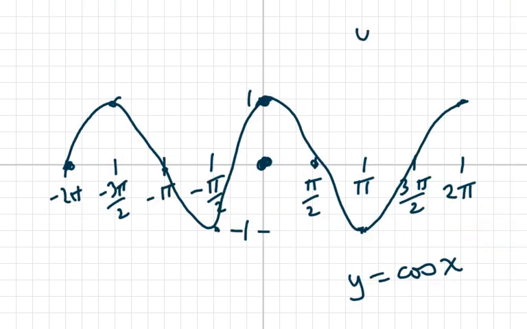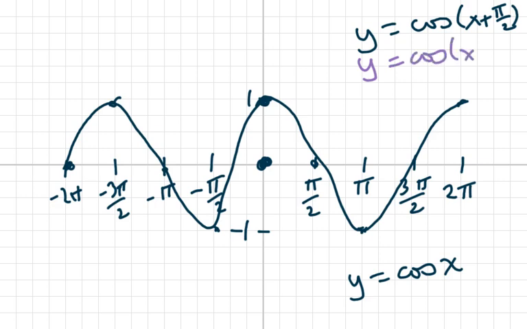This one's going to be y equals cosine of (x plus pi over 2), which, by the way, is really y equals cosine of (x minus a negative pi over 2). There's where the left part comes in, because you're taking the distance from 0. So we're starting here at negative pi over 2.